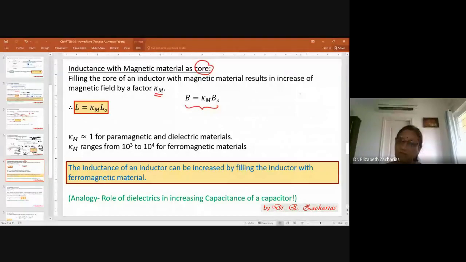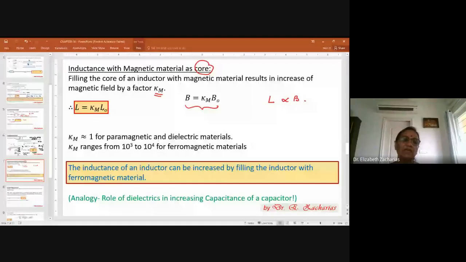The magnetic field will increase. Already you've seen that L is proportional to B. Therefore, when you fill the inductor with a ferromagnetic core, your L value also increases.